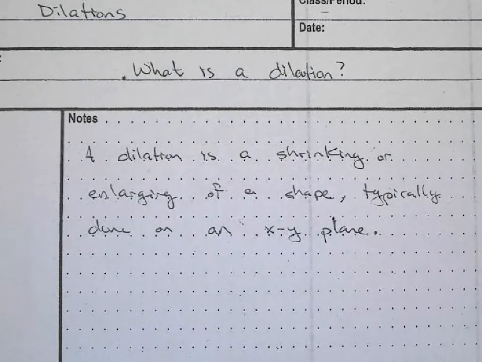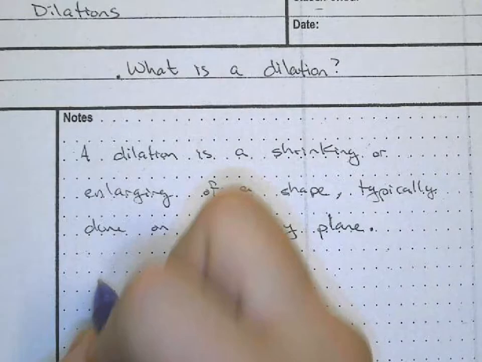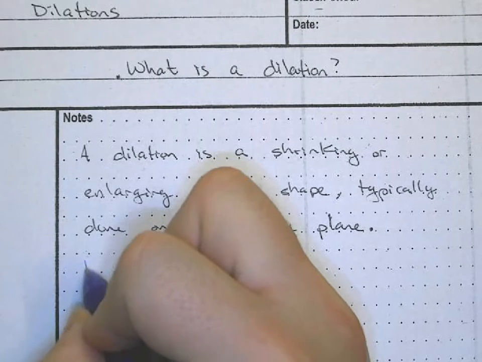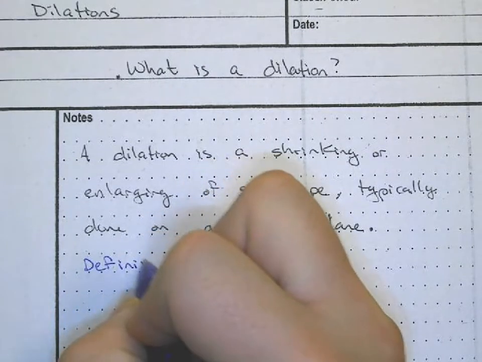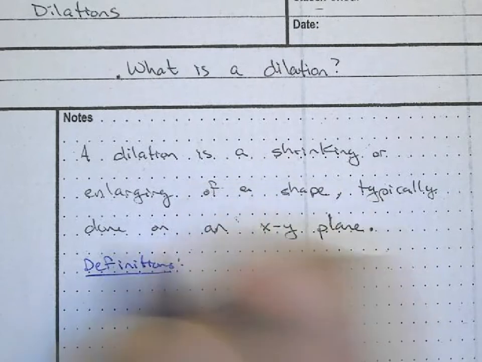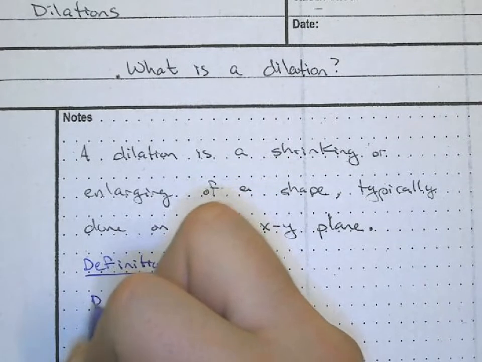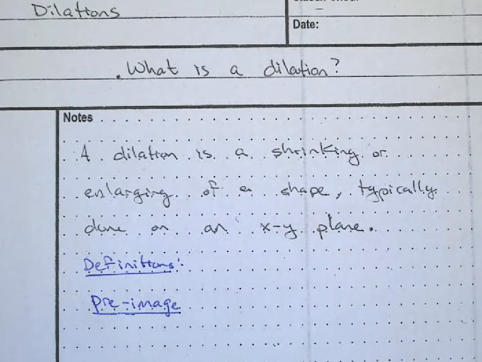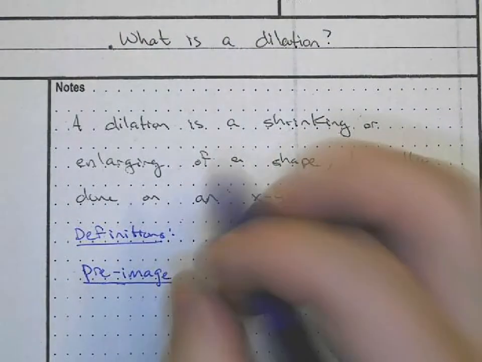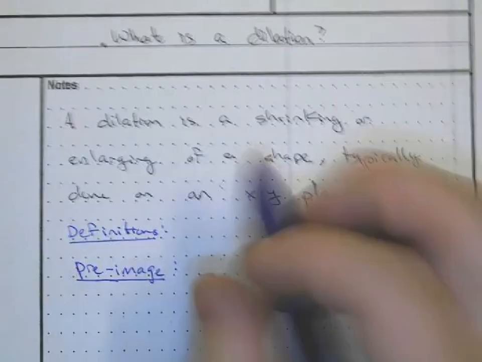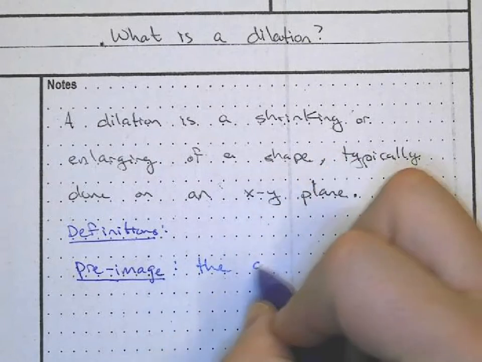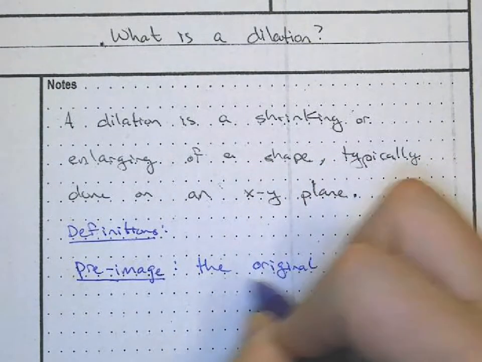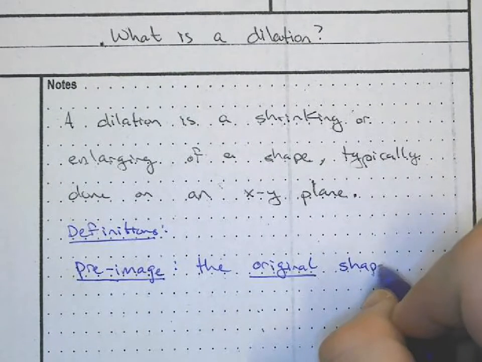So we'll need some definitions first. Our first definition will be preimage. And the preimage is simply the original shape.